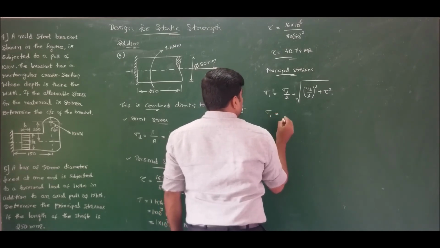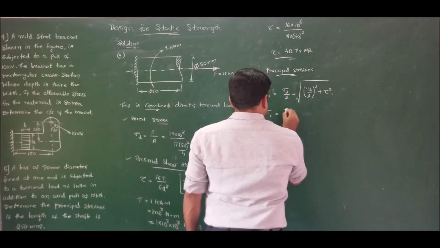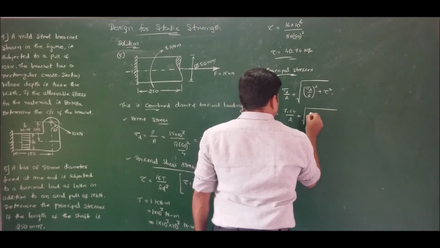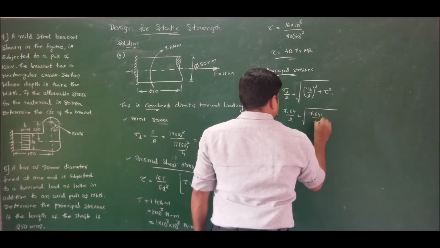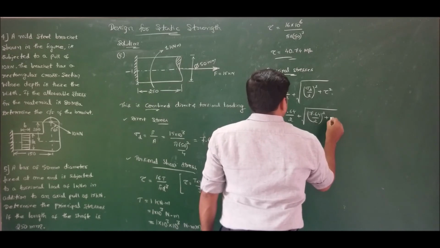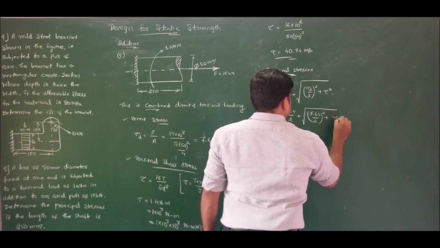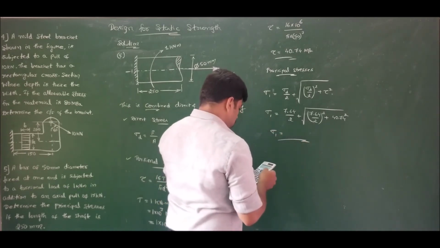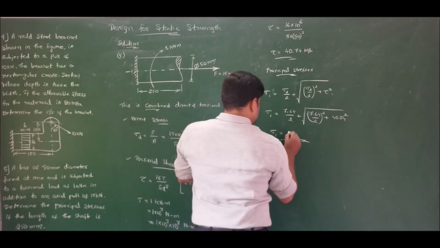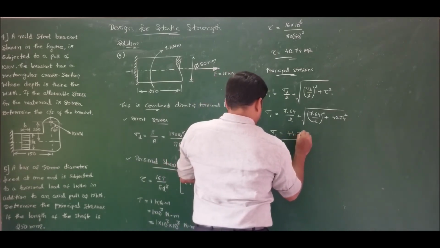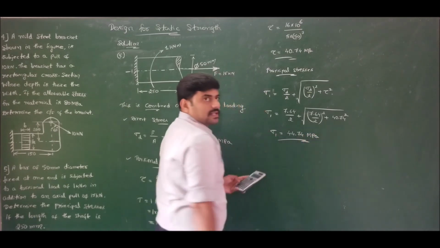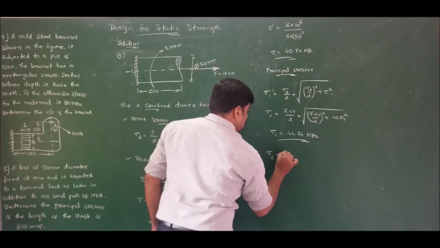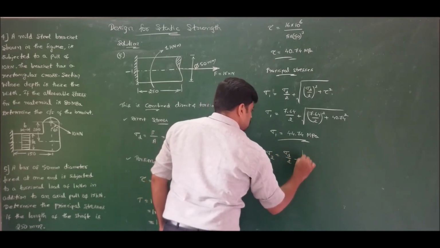So sigma 1 will be 7.64 by 2 plus root of 7.64 by 2 whole square plus 40.74 square. Hence sigma 1 is 44.74 megapascals.